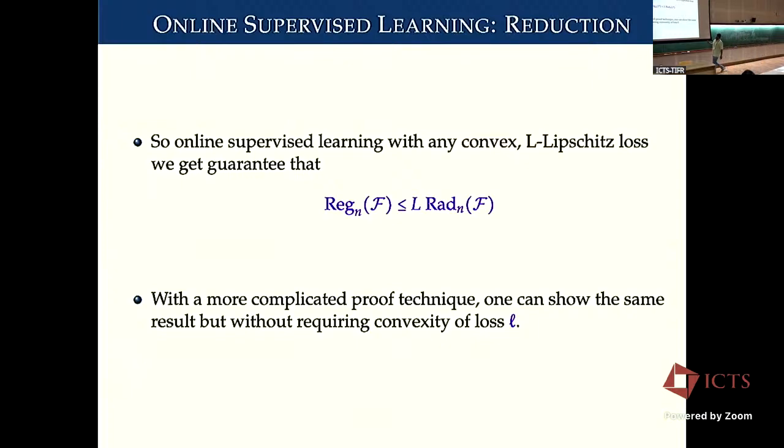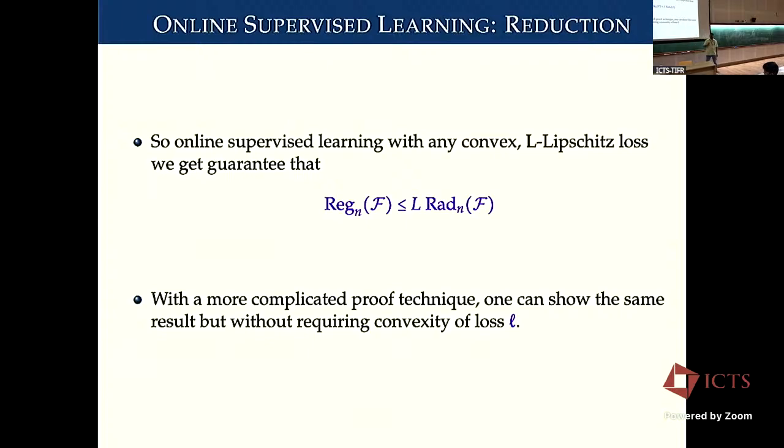And the next thing to also note is that you need a slightly more complicated technique. So if you look at a classic book on statistical learning theory, the way you get Rademacher complexity is through this idea of symmetrization. It turns out that you can do this kind of symmetrization in a sequential fashion. It's a slightly different form of proof, but you can do that. And it turns out that if you did that, then you don't even need the losses to be convex.